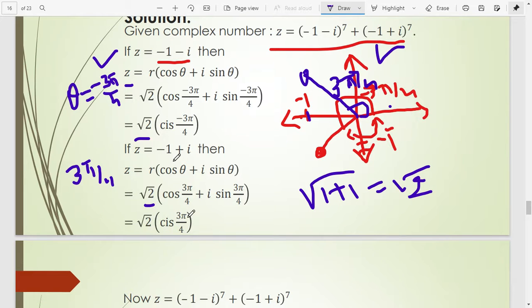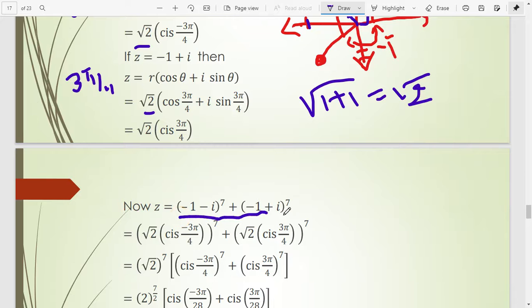Put this value in this. So -1 minus I is equal to under root 2 cis minus 3 pi by 4 and -1 plus I is equal to under root 2 cis 3 pi by 4, raised to 7.